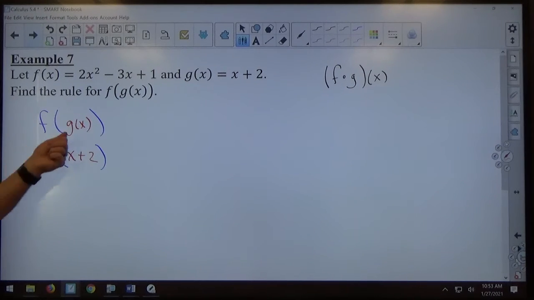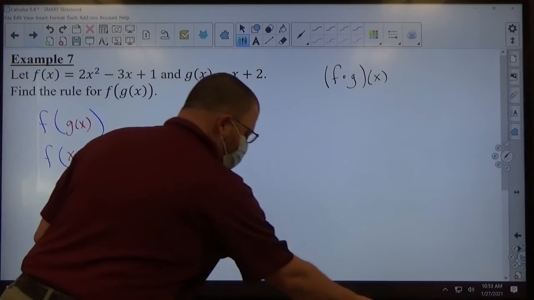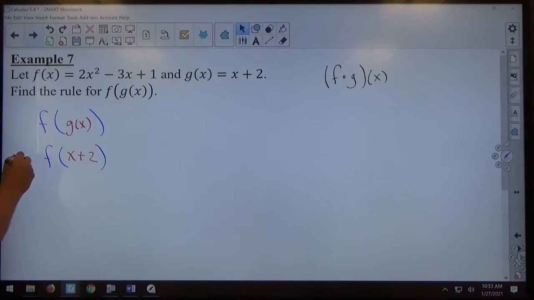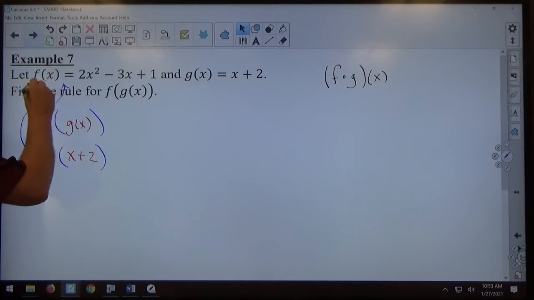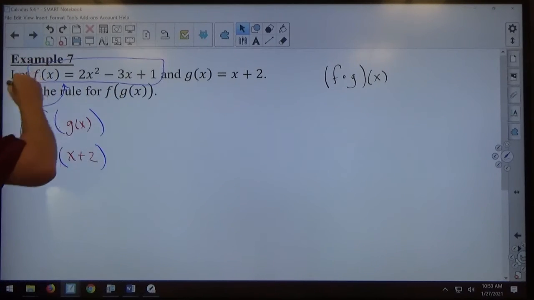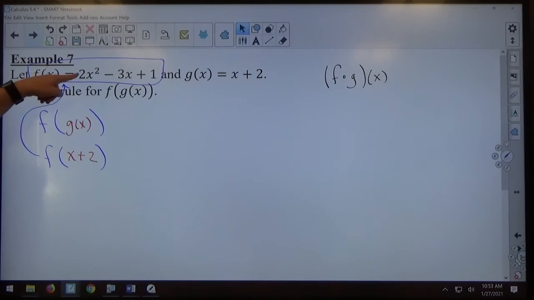If I see f of anything, it says go up to function f and change x into that anything, right? So now, when I see f of x plus 2, that means to go up to function f, which is this right here. Every x is going to change into x plus 2.